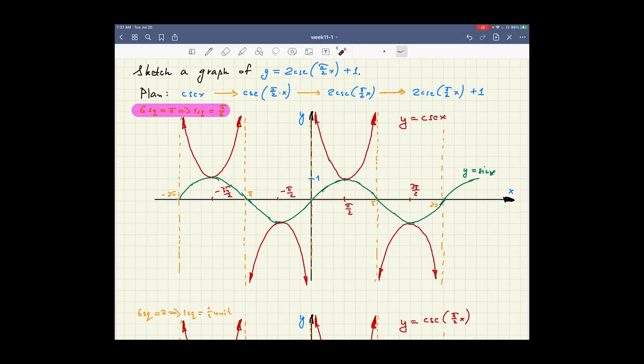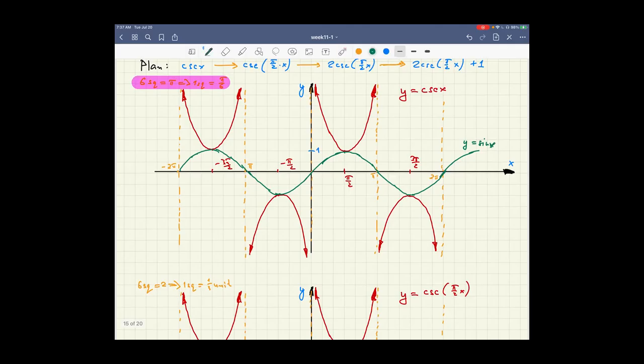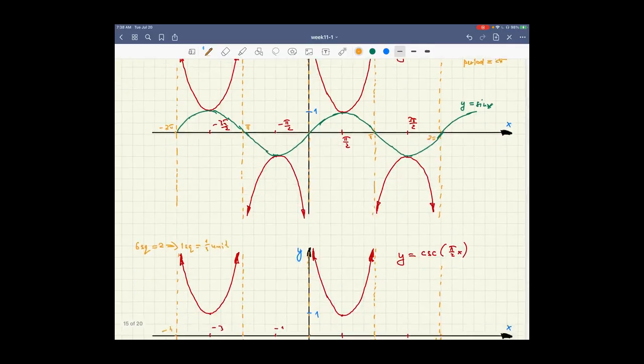When we compress this by a factor of pi over 2, we change the period. So the period here is, of course, 2 pi.